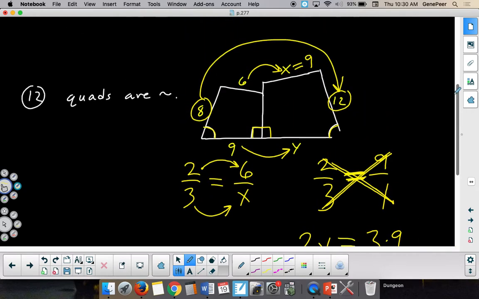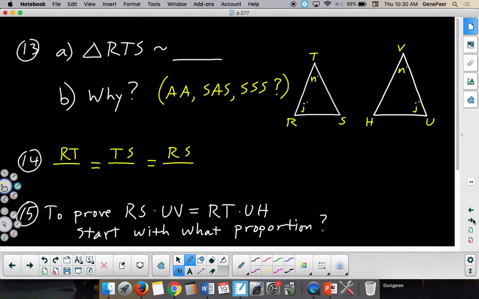Where's number 13? Must be over here, yes. Number 13. All right, this time, interesting. We have n degrees here and n degrees here. That's their tricky way of telling us that these two angles are congruent. And we have j degrees here and j degrees here.